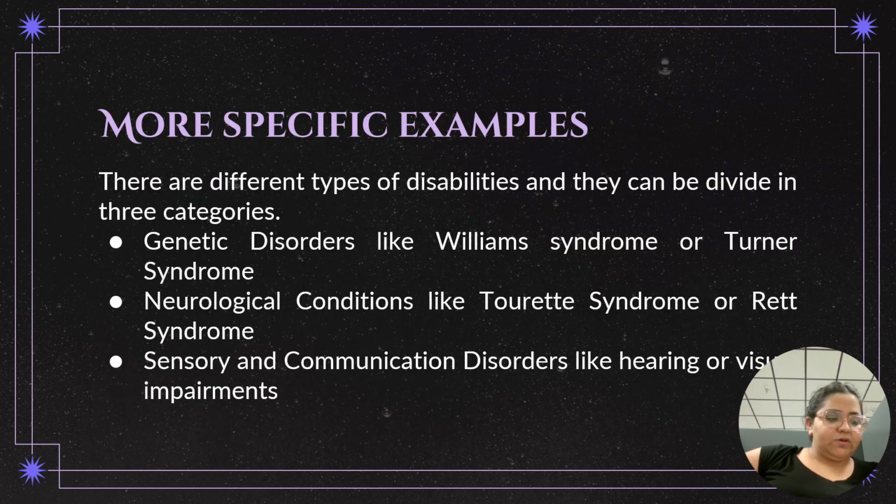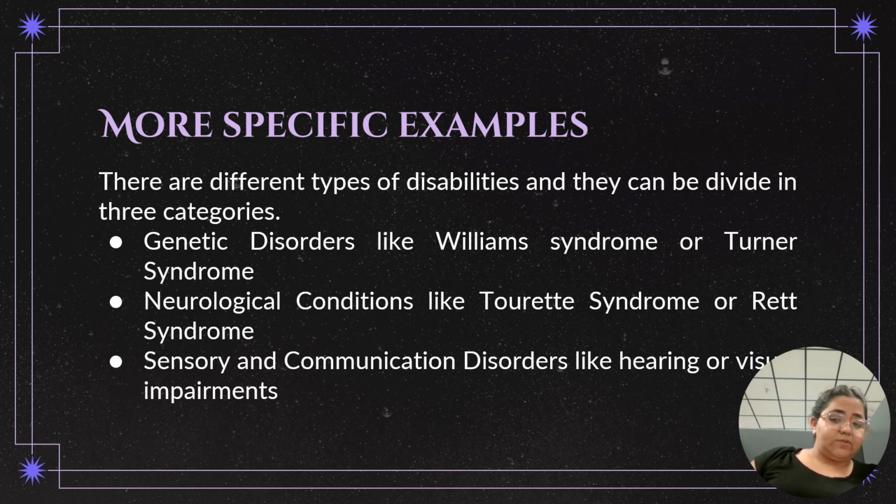To be more specific, there are three types of categories that I was able to find and learn, and I have some examples of them. For example, we have genetic disorders like Williams syndrome or Turner syndrome. Williams syndrome is a developmental disorder that affects many parts of the body.